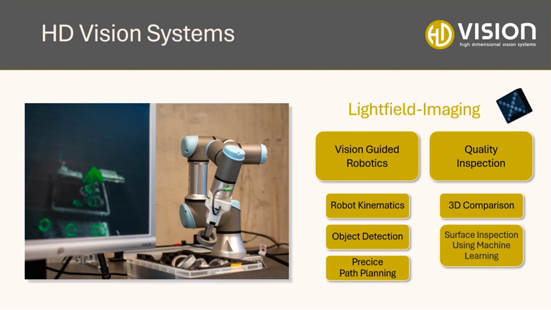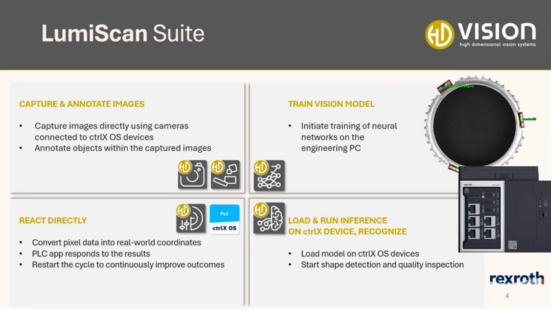But we are also doing quality inspection: on the one hand, visual quality inspection just on the 2D images, but also 3D quality inspection. In collaboration with Bosch Rexroth, we have developed the LumiScan Suite and have brought some vision tools to the ctrlX ecosystem.